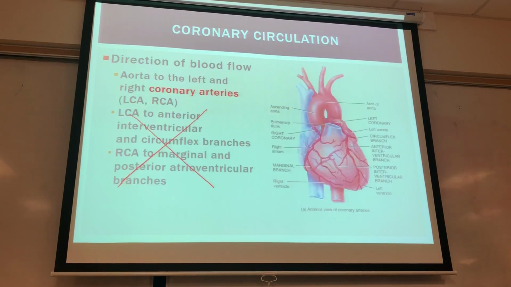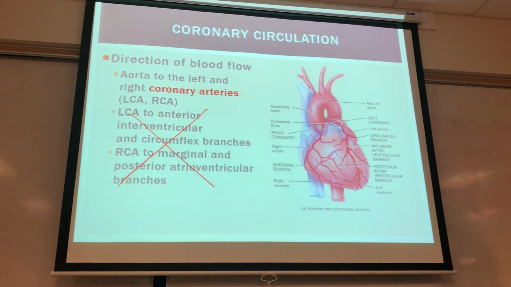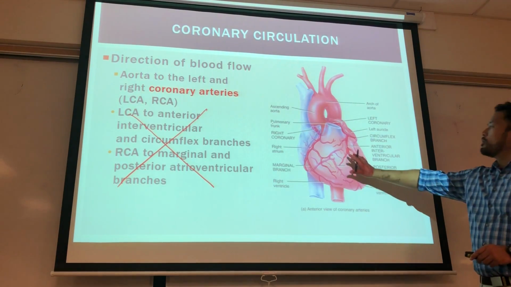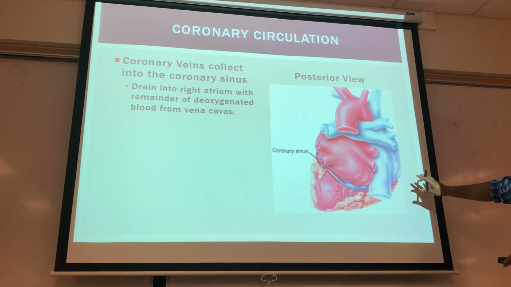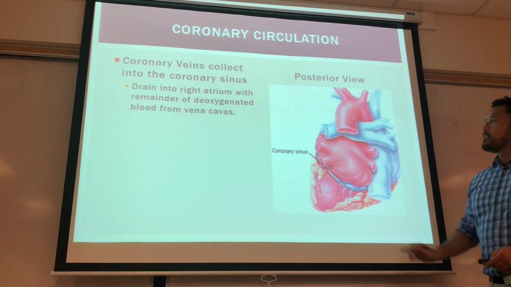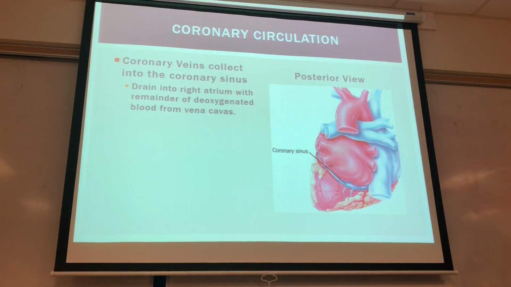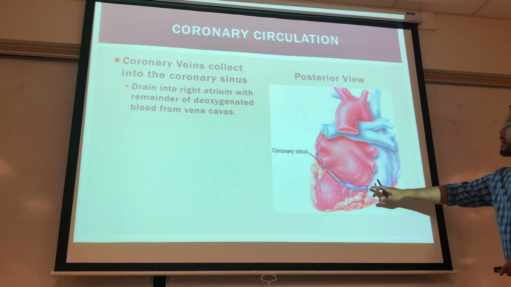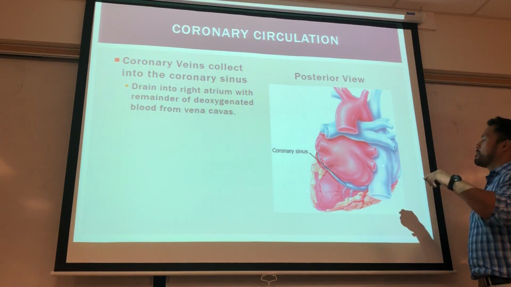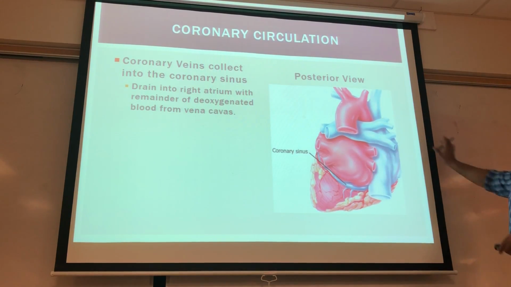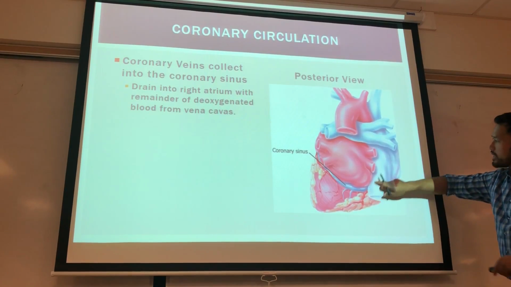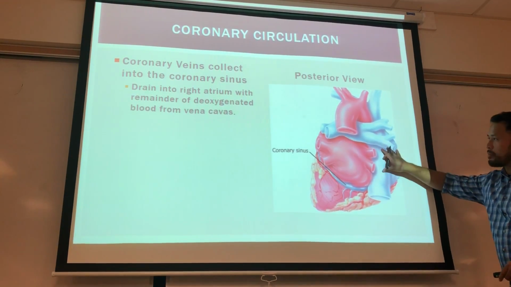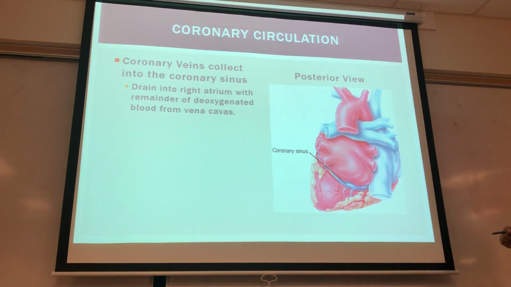As blood makes its way into the coronary arteries, it makes its way into the heart tissue, and then that blood is collected back up into the coronary sinus. The coronary sinus is what's going to dump right back into the right atrium. It's going to deliver deoxygenated blood back to the input of the heart, which would be the vena cavas. The coronary sinus dumps in as well, and that makes its way to the right atrium.